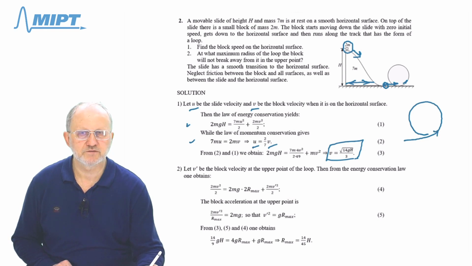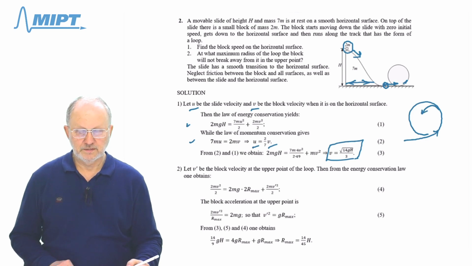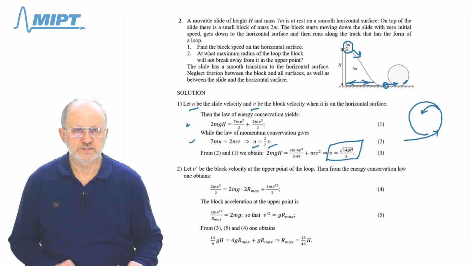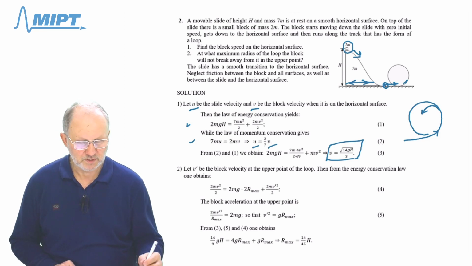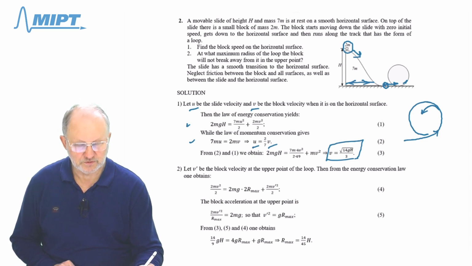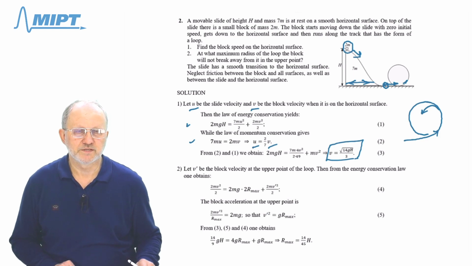And if the velocity of the block is not big enough, then the block may separate from the loop and fall down. This should not be the case according to the statement of this problem. The block, according to the problem, should slide along the loop, not separating from its surface.